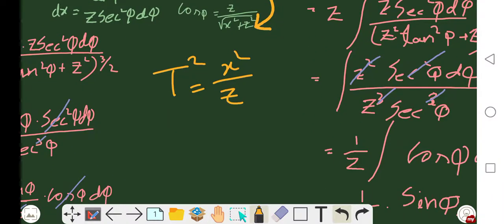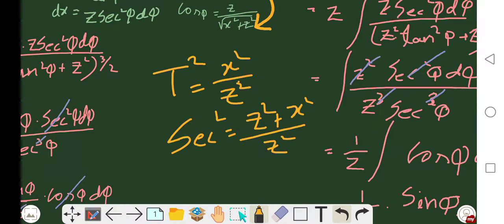Then if tan square equals x square by z square, then sec square equals, obviously, z square plus x square by z square.